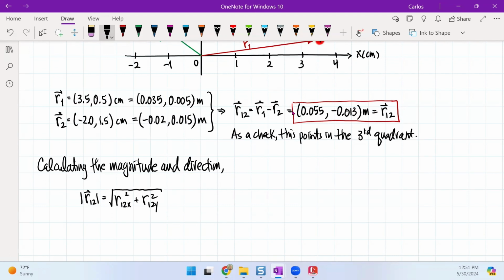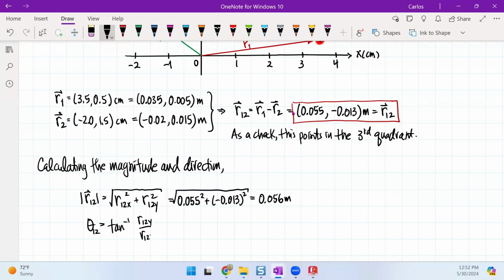And when I put in my numbers here, I'm going to get minus 0.013 squared. And that gives me a value of 0.056 meters. And then my direction, theta 12, should be the tan inverse of R12y over R12x.